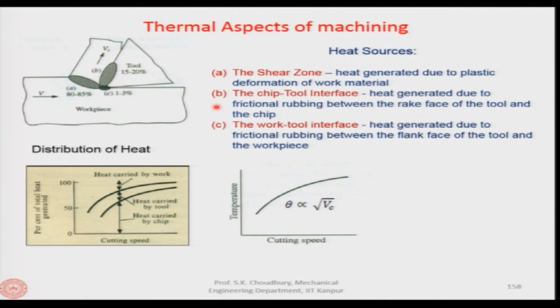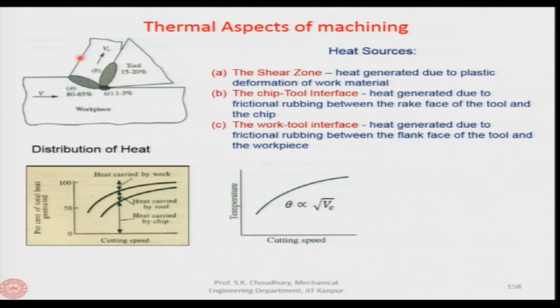When you measure the temperature with a thermocouple, for example, you will measure the temperature in the cutting zone, but you cannot individually measure the cutting temperature in the shear zone or the cutting temperature in the chip tool contact length, for example. So, you have to analytically find out through a model how to calculate that temperature.